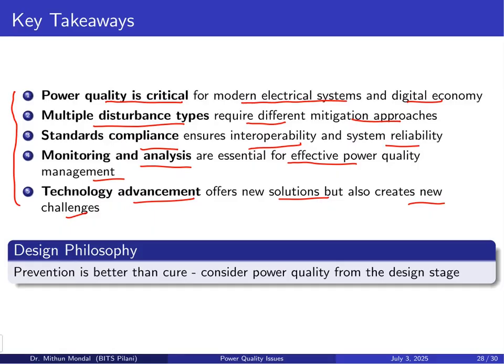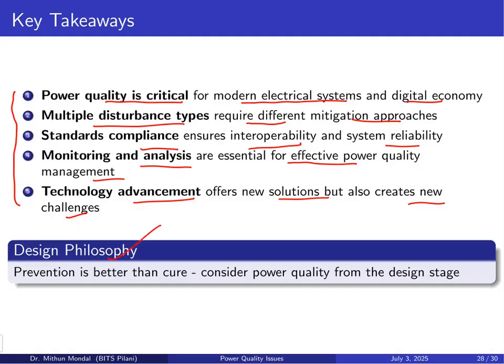So we have seen that with the modernization of the electric power system and equipment, there are different causes of the issues arising in power quality. These need to be monitored, analyzed, and certain standards need to be maintained so that we get proper power.